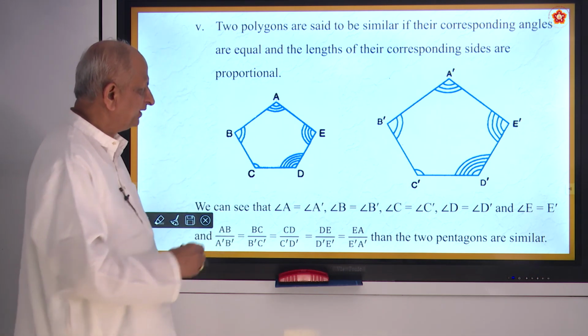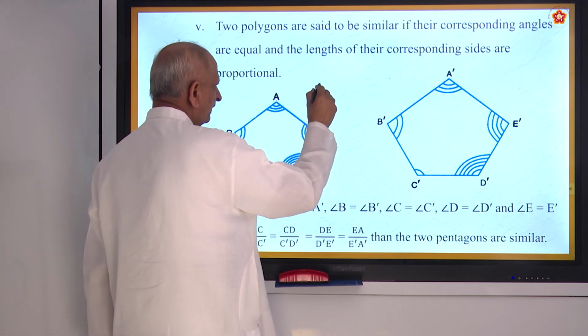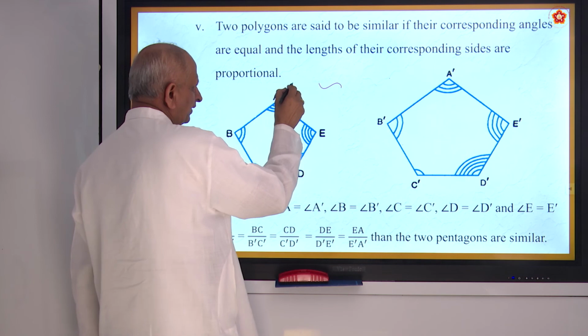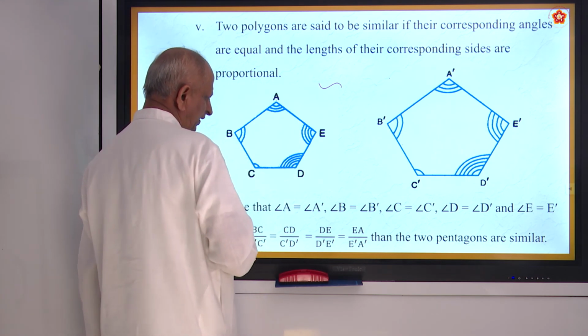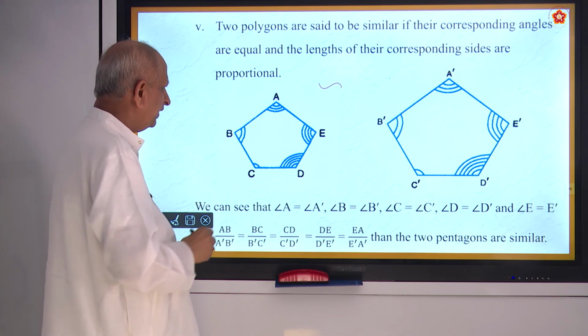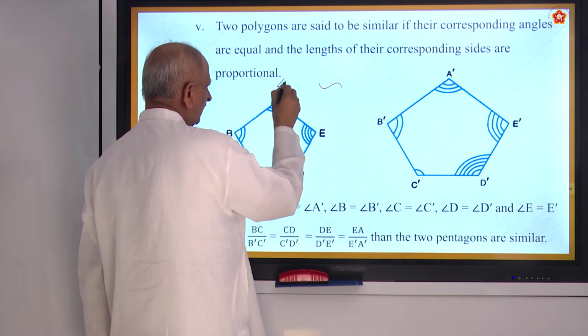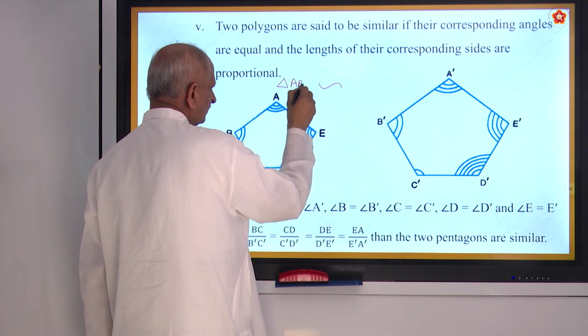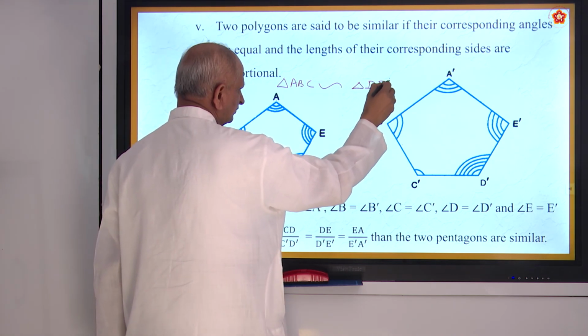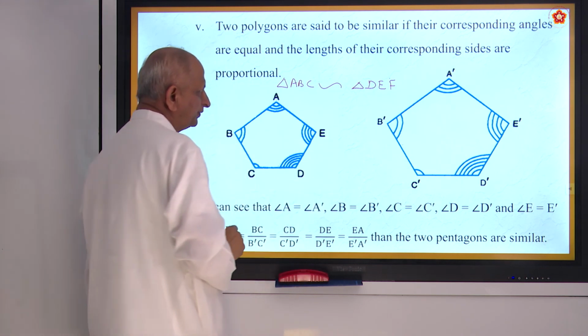And what is the symbol you write? The symbol is like this, a sleeping S. So that is the symbol I use for similarity. For example, if you say triangle ABC is similar to triangle DEF, this is the symbol you use.